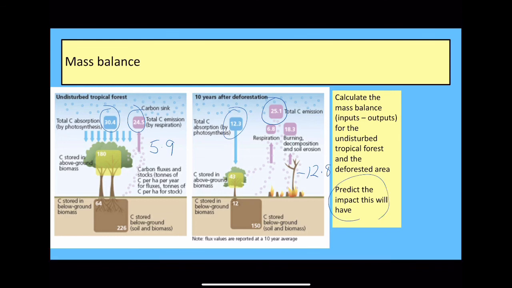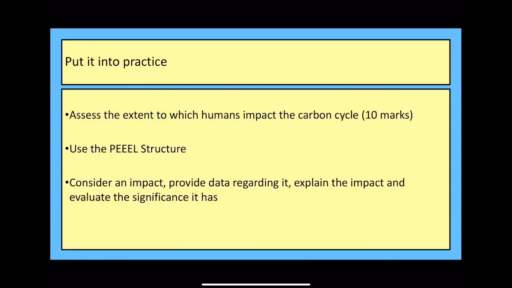So you have a prediction of what impact is this going to have, what changes is this going to cause, what's the significance of this, okay? So what we want to do to bring all this together is try to use the information from today, assess the extent to which humans impact the carbon cycle, 10 marks. So this requires a bit of being evaluative, a bit of discussion. Two PEEL structure paragraphs should do it, I would think, two well-developed ones.